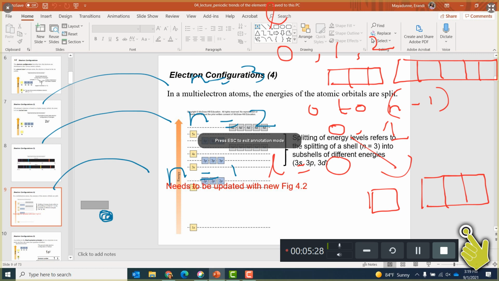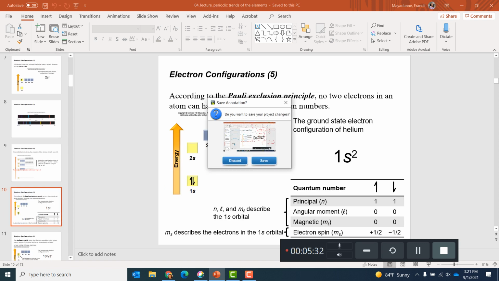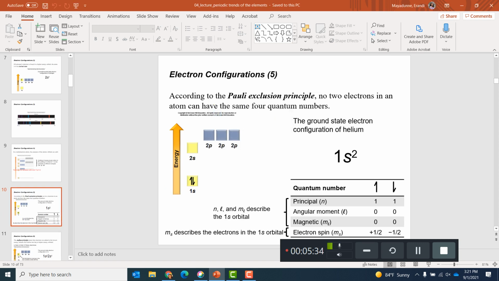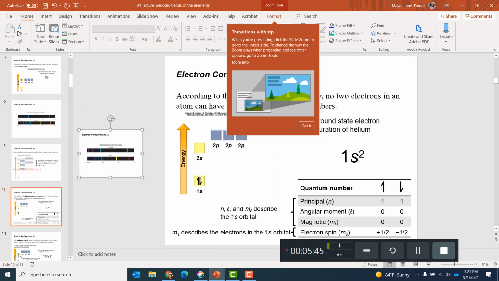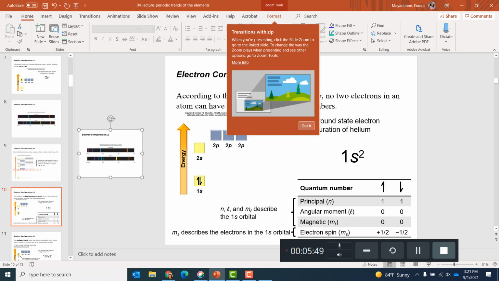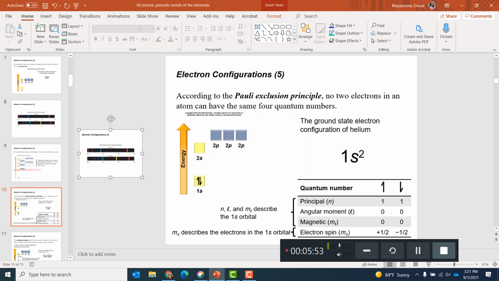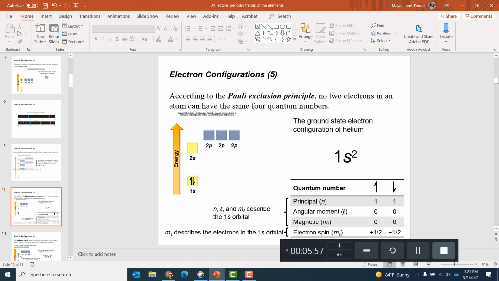Go to the next one. This is the way you write the electron configuration. I'll write one as an example for hydrogen. It's one electron and it's in the closest shell.